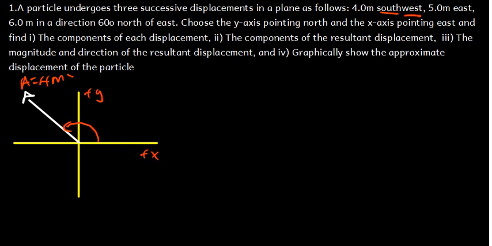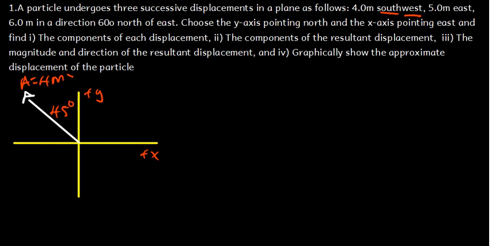So this is 45 and this is 90. Okay, so if this is 90, we can say 90 plus 45, which is going to give us 135, meaning that the angle for vector A is 135. Okay, so I can just put this 135 here.